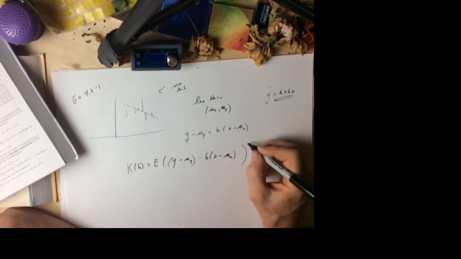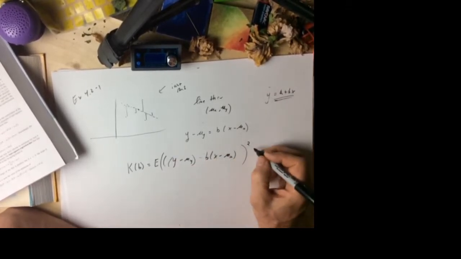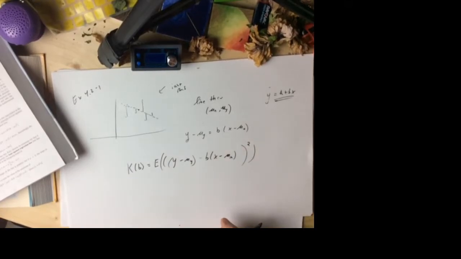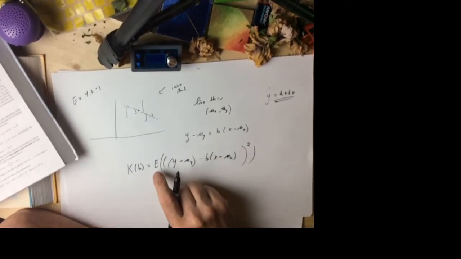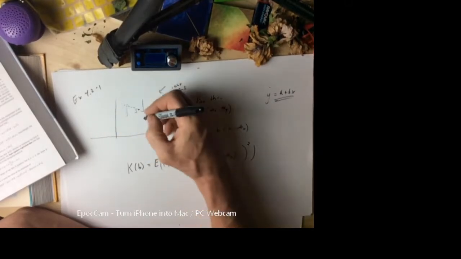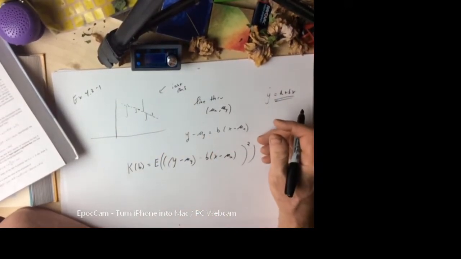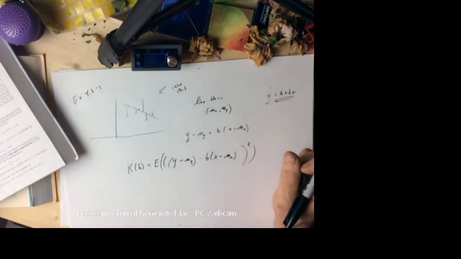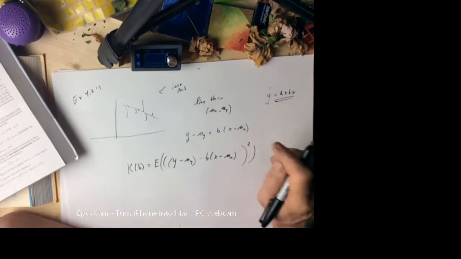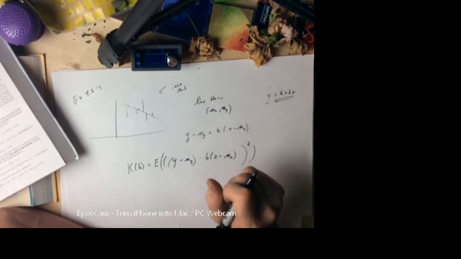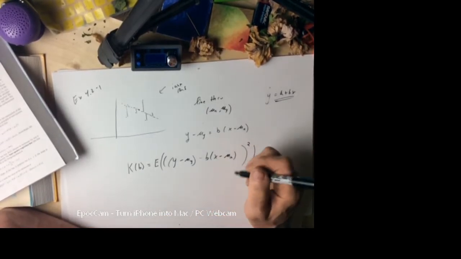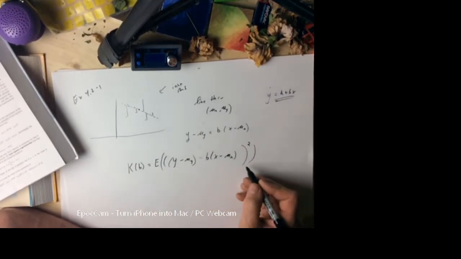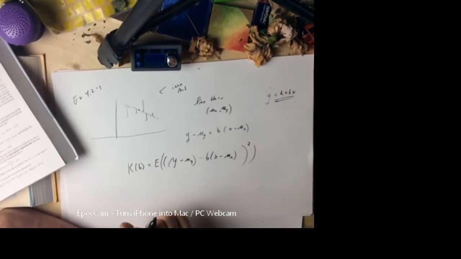But we'd like these suckers squared. Now, what this expectation does is it weights every point by its probability, and it squares these distances. I'm not going to address why we're going to do the square right now, but it would be nice if we could just find the best line that minimizes this.